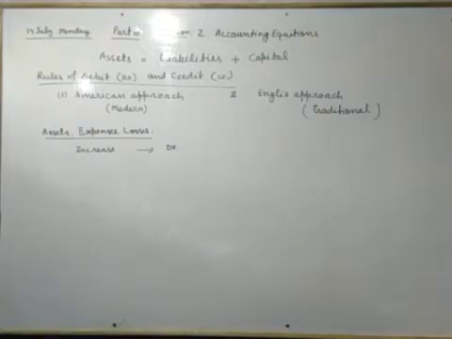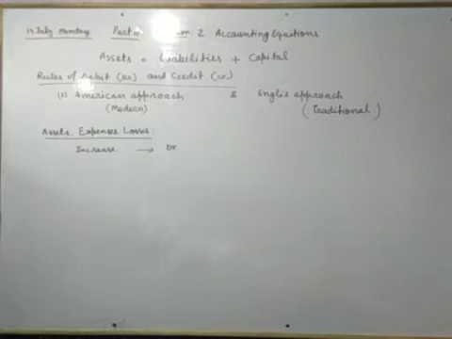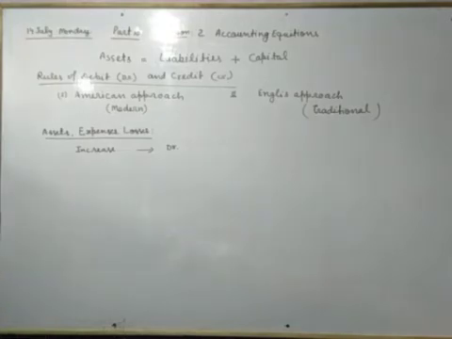If you purchase any asset, the asset will increase. In that case, you will write assets account debit. If you pay the salary, the amount of expenses will be increased, so you will write salary account debit. So for any expenses, assets or losses, if there is an increase, you will denote it by debit.